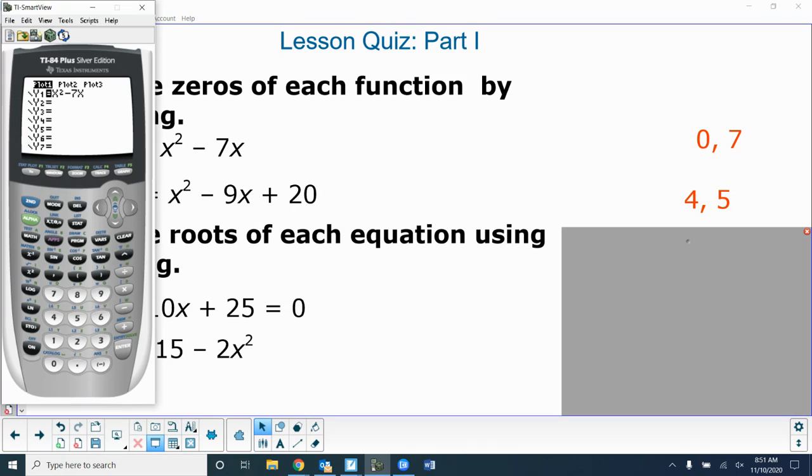So they should both come up in the X column, not the Y. The zeros come up in the Y, and then the numbers across from them will go in the X. See the 4 and the 5? What's next to them? Zeros. That's where you look for the zeros, in the Y column. But the answer is the X value.